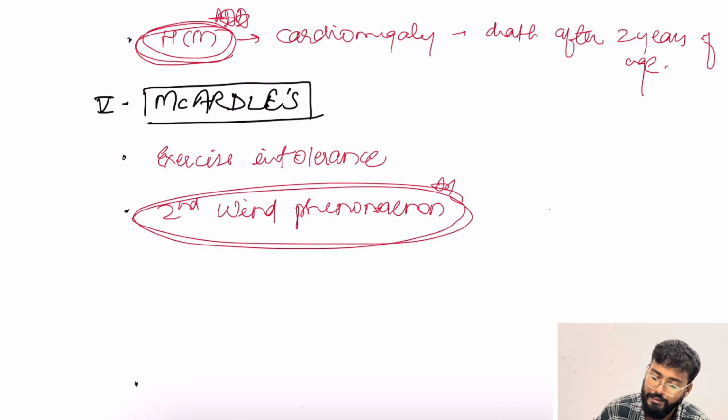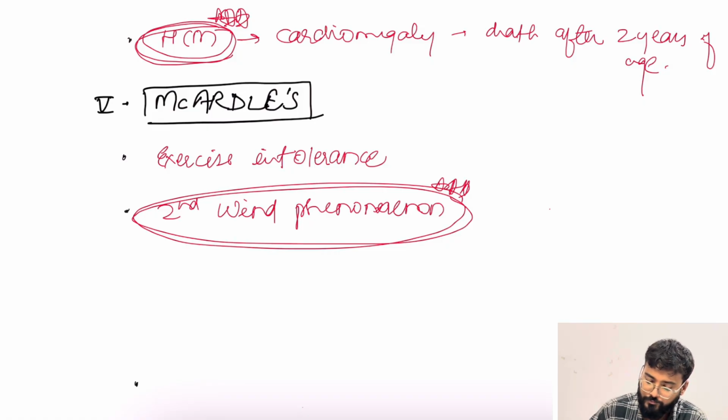This is really the defining feature of McArdle's. Whenever the patient starts exercising, the patient has pain inside the muscles, and after the patient stops exercising, the pain goes away, and when the patient starts exercising again, the pain reappears. So this is your second wind phenomenon.